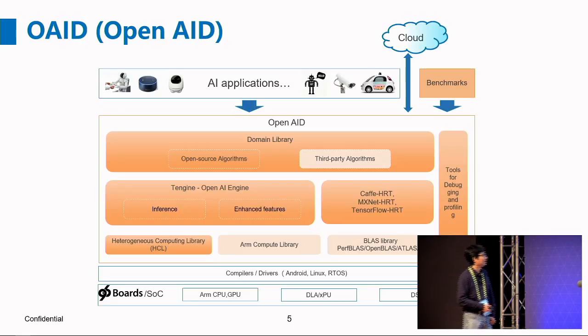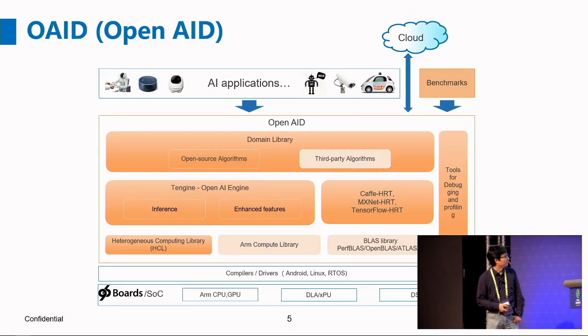Maybe we can start from hardware platform. First is SoC. We think for edge computing, the SoC will be combined CPU plus GPU plus deep learning accelerator or NPU plus DSP.